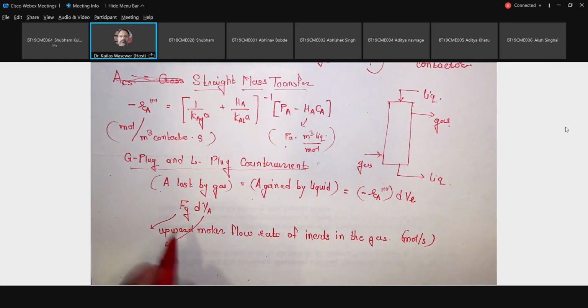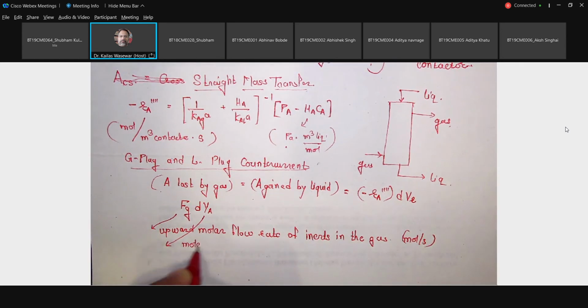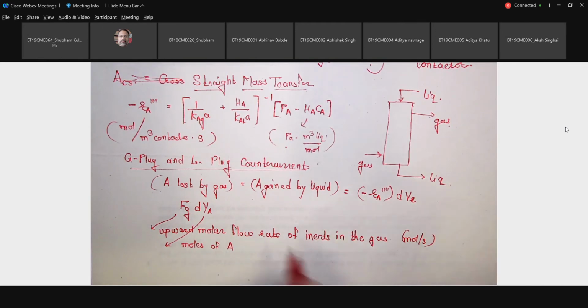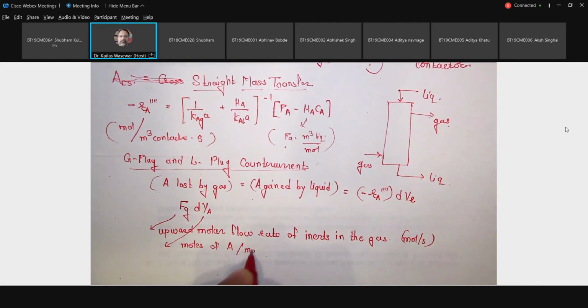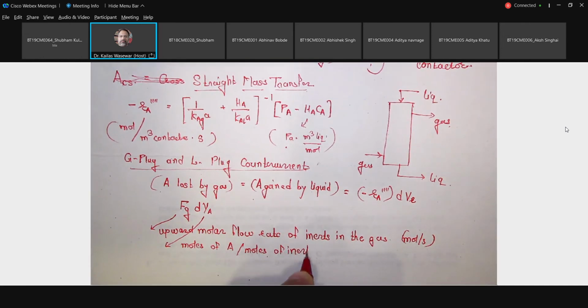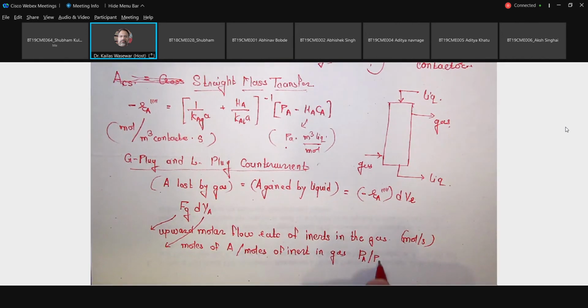Moles of A per unit moles of inert in gas, is it? Which is nothing but moles, we can define it by the partial pressure Pa upon Pu, capital U, U representing the inert.